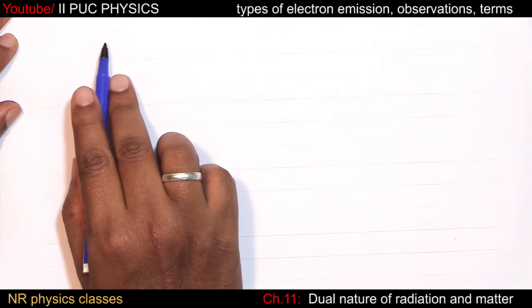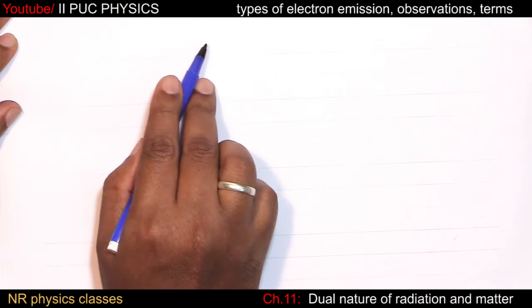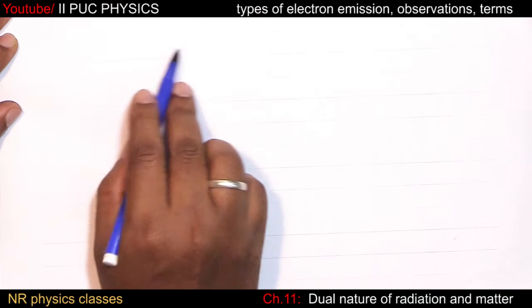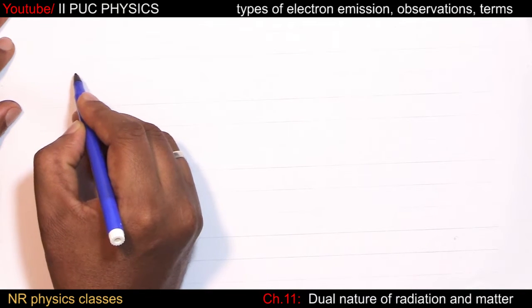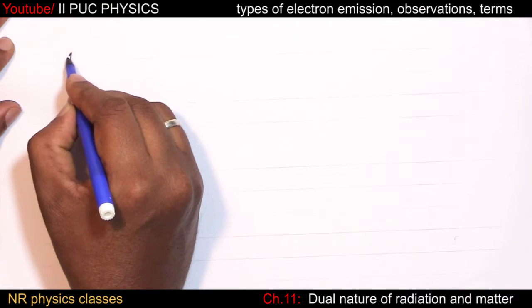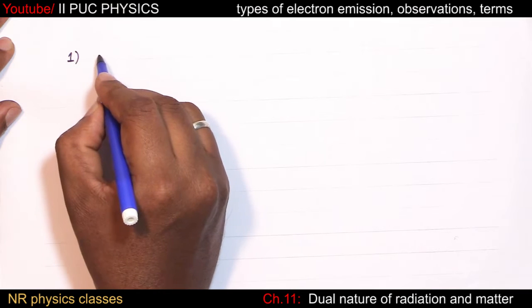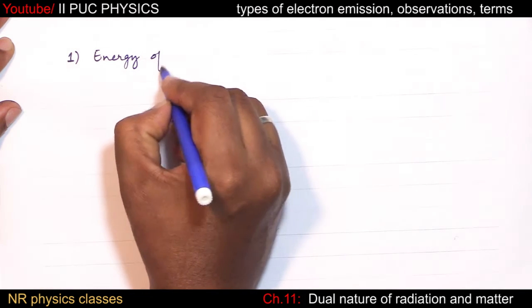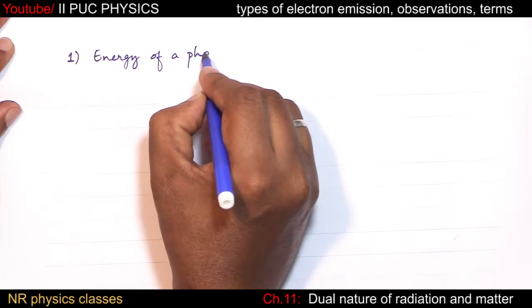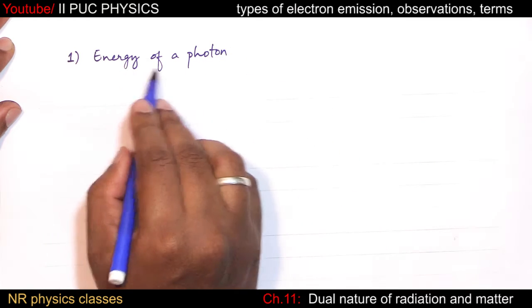11th chapter, Dual Nature of Radiation and Matter. To understand this chapter, let us use few equations. First equation, energy of a photon.